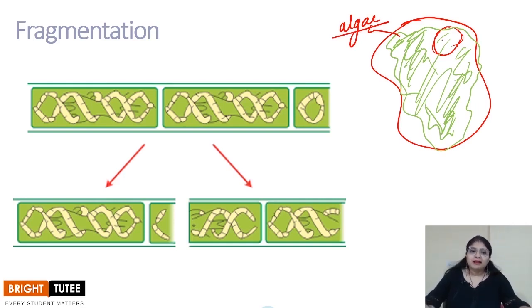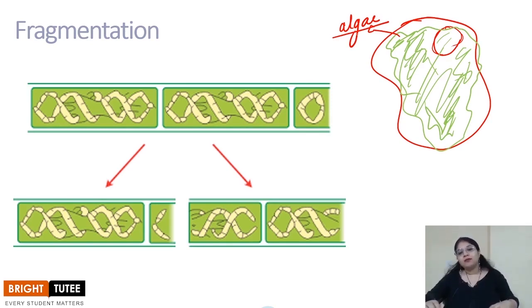So what happens exactly? Whenever the algae finds proper nutrients and a proper environment for growth, right? Like I said, for any growth and reproduction process, optimum temperature and optimum food are necessary, right? So favorable conditions are very, very important.